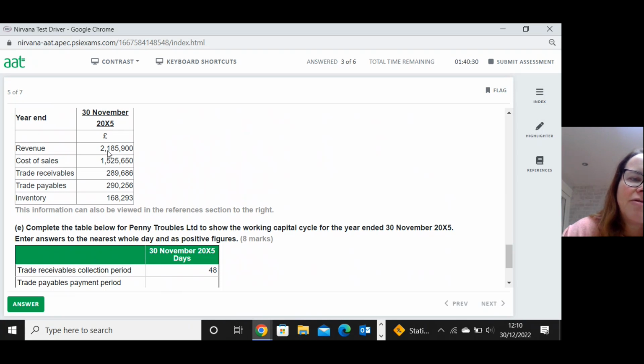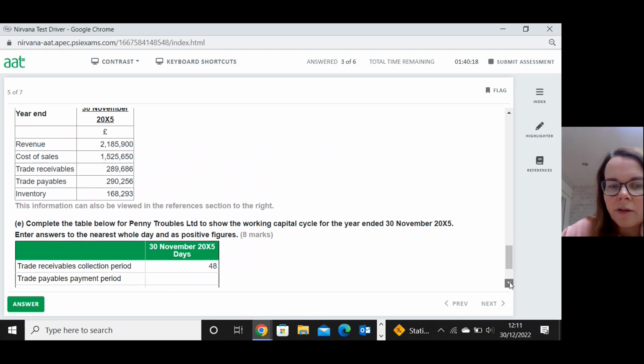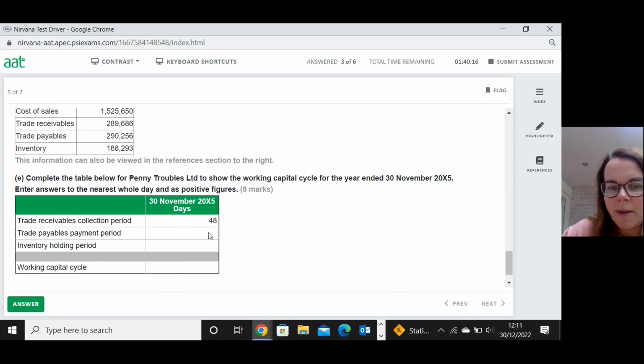So therefore I must divide by revenue. Whereas trade payables is to do with suppliers and purchasing, my costs. So therefore I must divide by cost of sales. So if you're having trouble remembering the formulas, that might help you. So that one comes to 69 days.